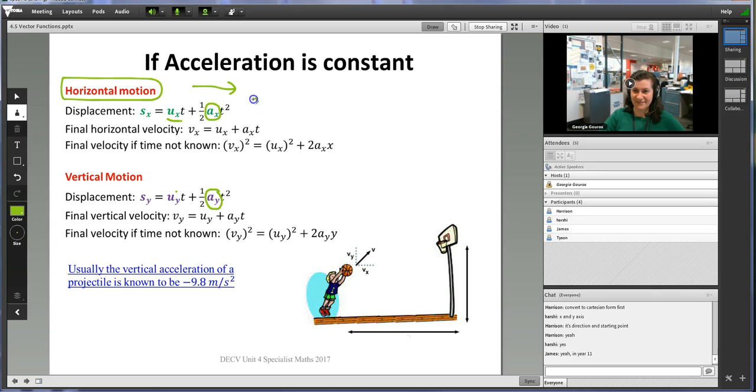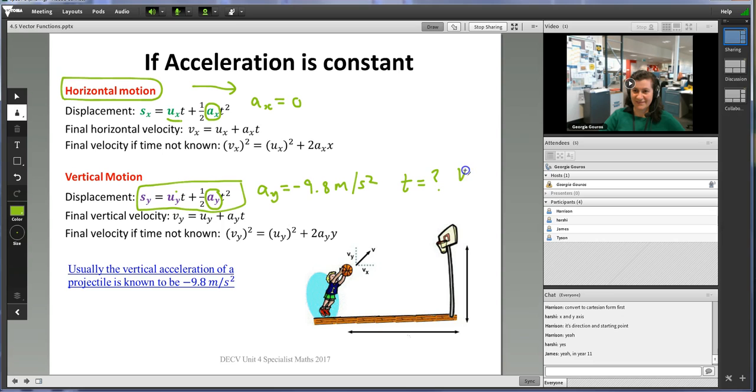For here, AX is equal to 0, but the vertical component, AY, is equal to negative 9.8 meters per second squared, which is the acceleration due to gravity. So this vertical motion will cease at some time. At some time t, this thing will stop moving.